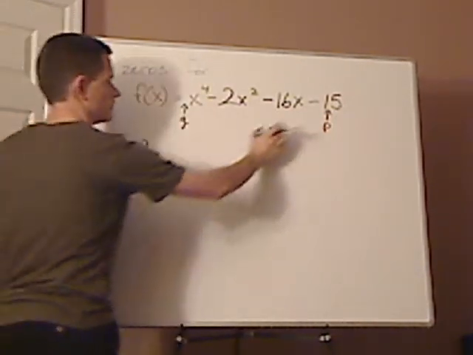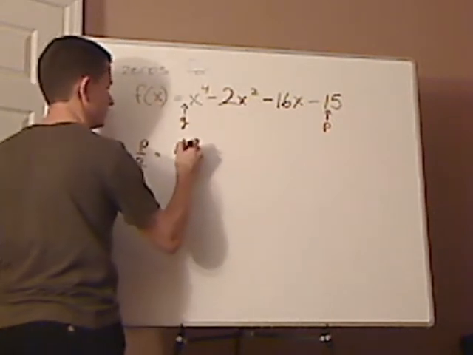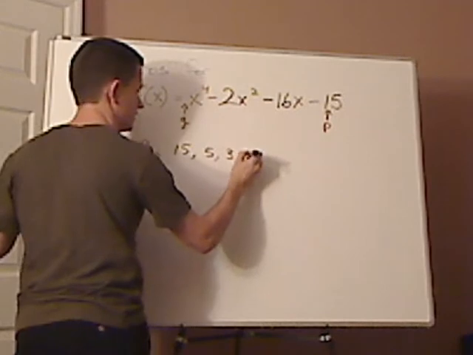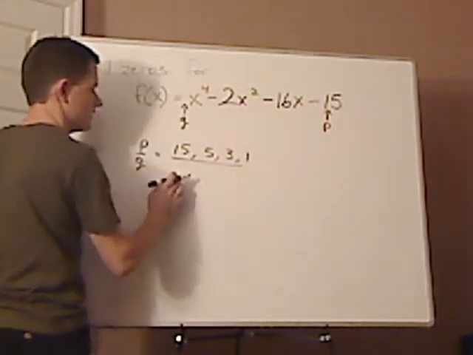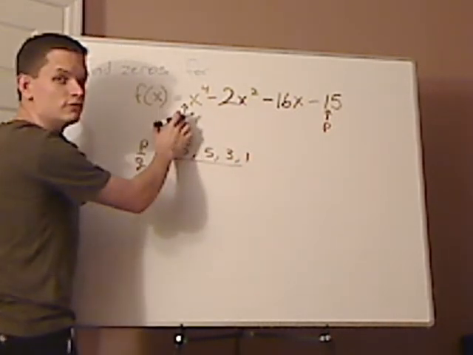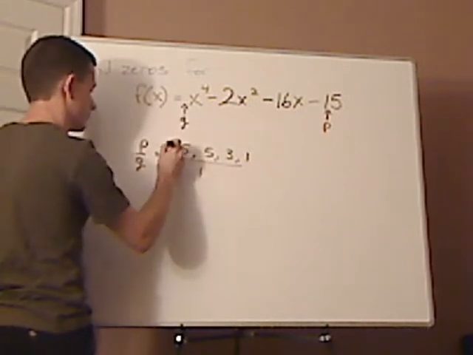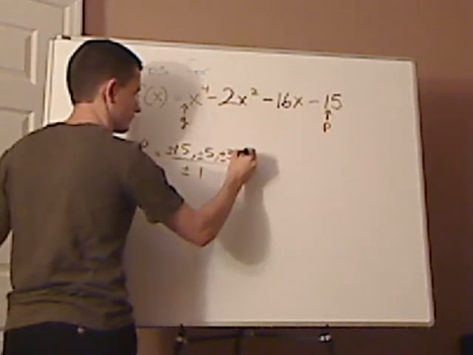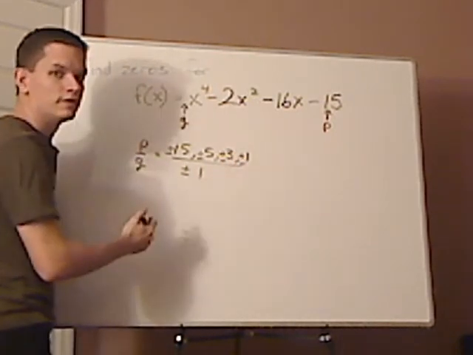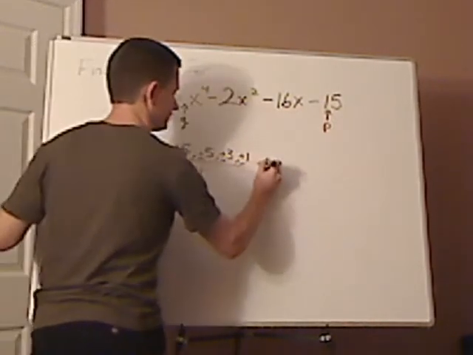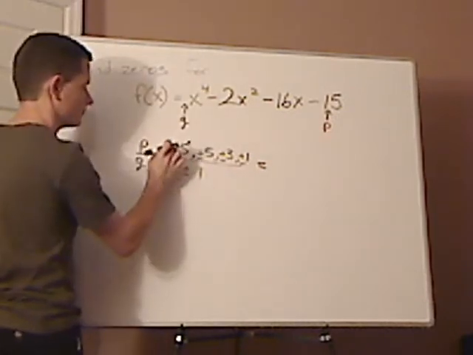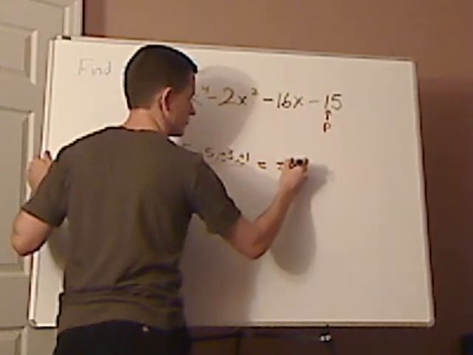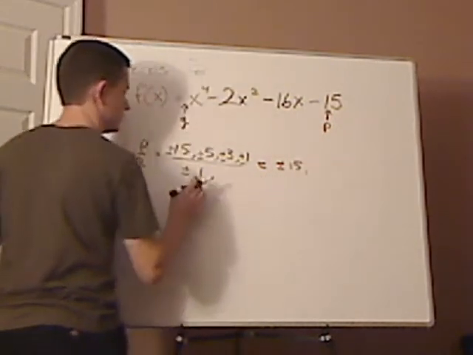So factors of 15 are 15, 5, 3, 1, and then factors of the q is just 1, and these are all plus or minus when you're just listing out the factors. Then you list them all out, and it's always p over q, so 15 over 1, which is plus or minus 15.